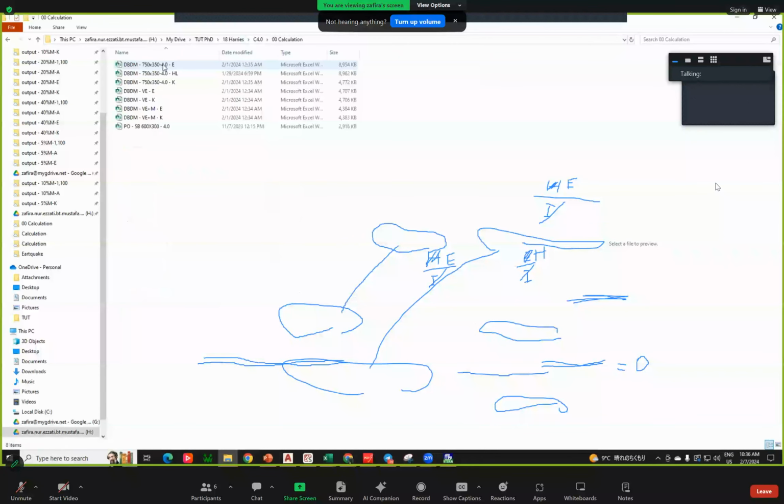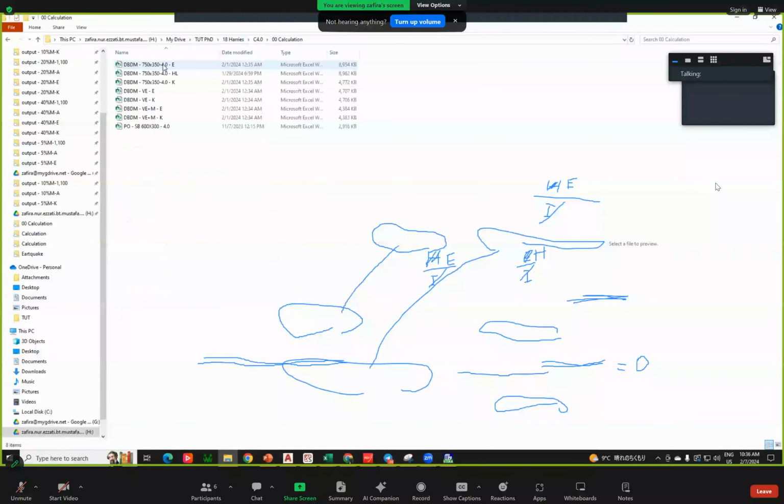How does it dissipate energy? This is percentage. This is the energy. So the short beam, how does it dissipate energy? By flexural yielding? Maybe. I calculate based on this force and displacement.